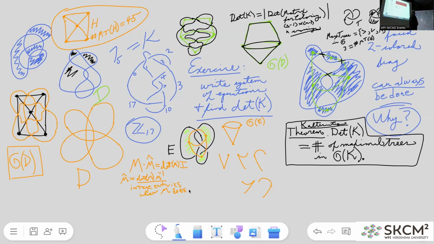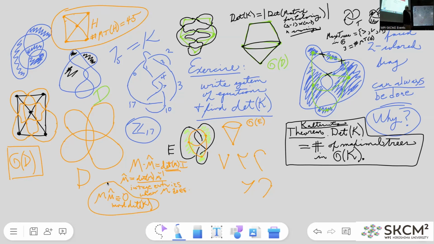And the reason I'm interested in the adjacent is because you see that if I work modulo the determinant, then M times the adjacent matrix would be equal to the zero matrix mod the determinant of the knot. So that says that every column of the adjacent matrix is a coloring solution, right?